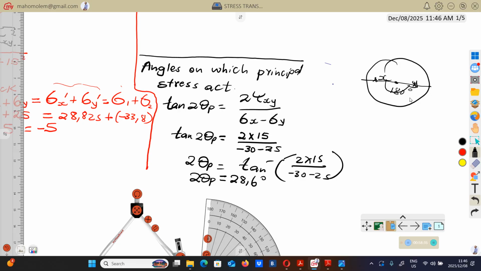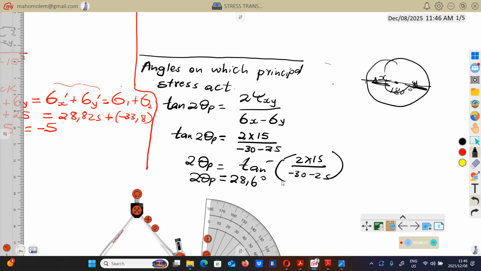So a straight line is 180 degrees. Because of this, we are going to have 2 angles for principal planes. Remember, we've got 2 planes, this one and this one, which are separated by the angle of 180.